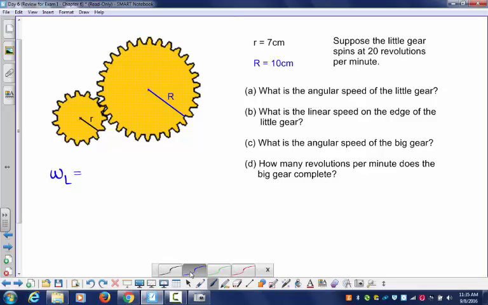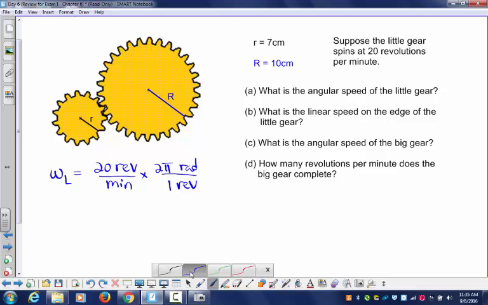So 20 revolutions per minute. That's an indirect measure of the angular speed. We know that there are 2 pi radians per revolution. So the conversion to angular speed is pretty easy. You just have to remember that one conversion.